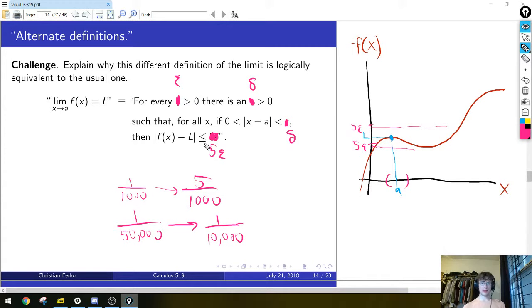Actually, you'll be less than or equal to 1/10,000th. You could be equal to 1/10,000th away from L, but even then you will certainly be less than 1/1000th away from L, which is what I really wanted.